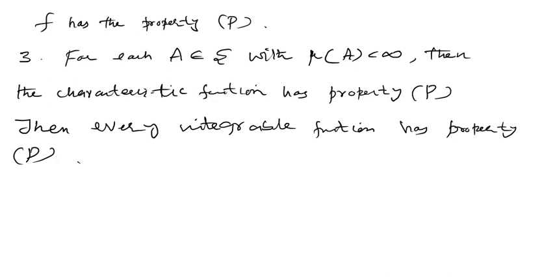So first we will see that if A is a sigma set, A is not a member of S but it is a countable disjoint union of members of S, then the characteristic function of that set A also possesses the property P. Proof.